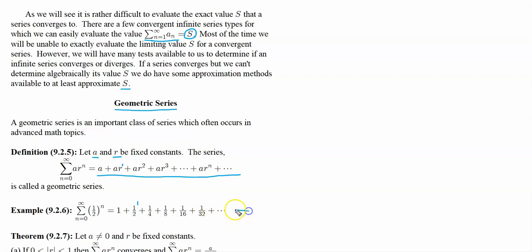We will prove soon that this does actually converge, and we'll be able to exactly evaluate what the limiting value of this series is, in other words, what it's equal to. That's not going to be that difficult to do. Now let's take a look at this theorem that tells us when a series like this does converge and when it does diverge.